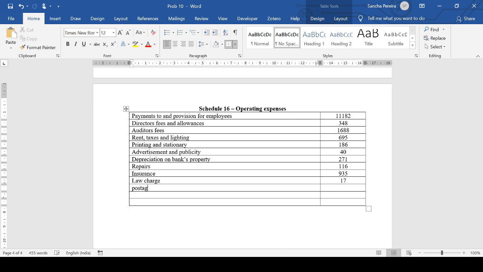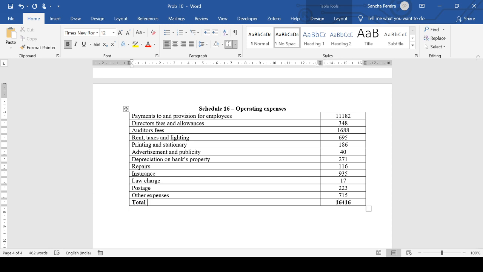Postage, 223. And other expenses, 715. The total of this comes to 16416. With that we finish up schedules.